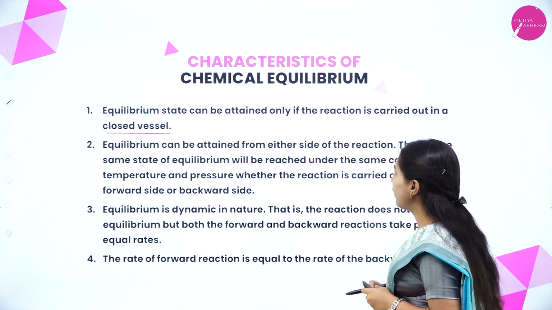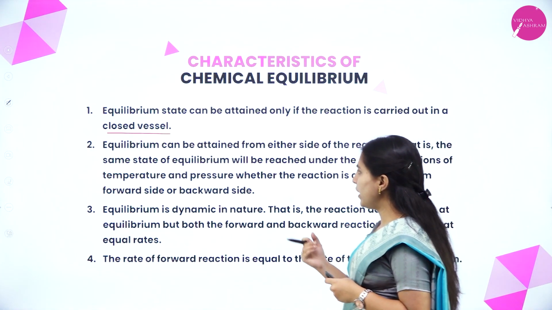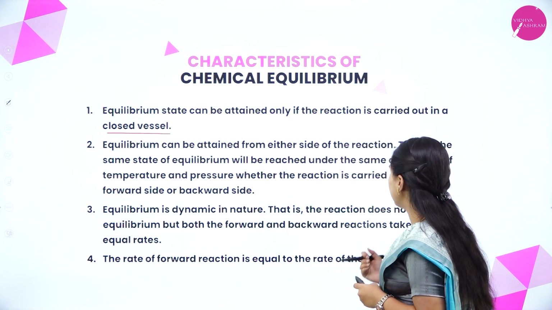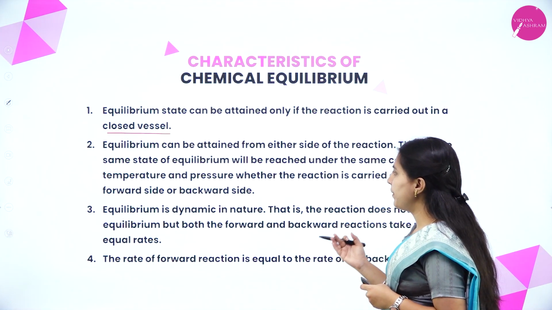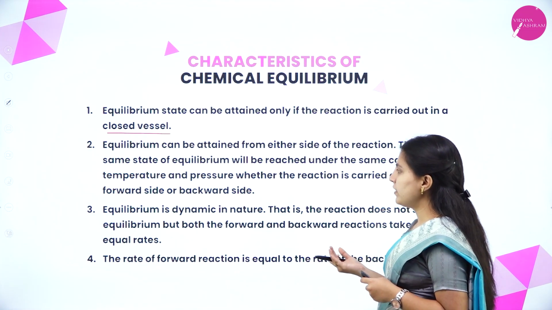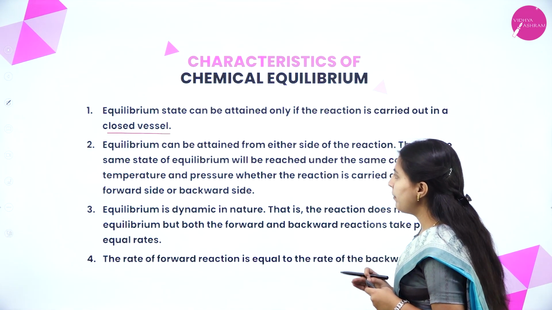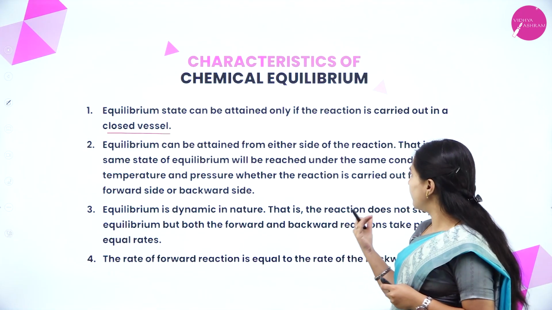Equilibrium can be attained from either side of the reaction, that is, the same state of equilibrium will be reached under the same conditions of temperature and pressure, whether the reaction is carried out from the forward side or backward side. What are they telling? Equilibrium can be attained from either side of the reaction.